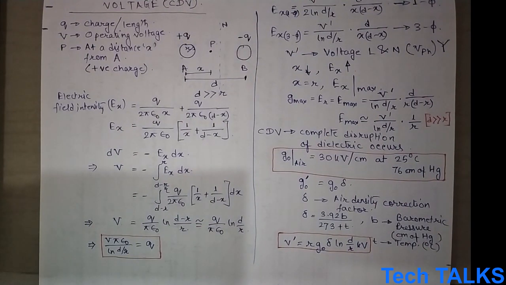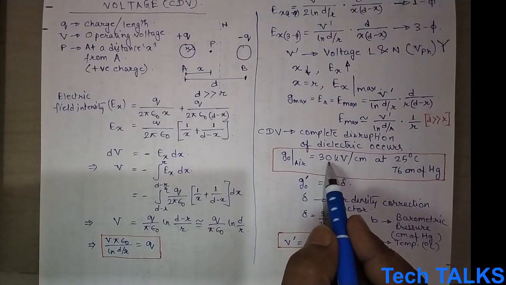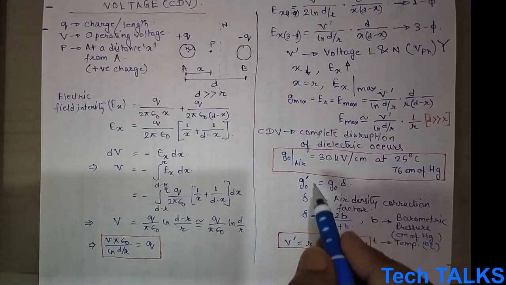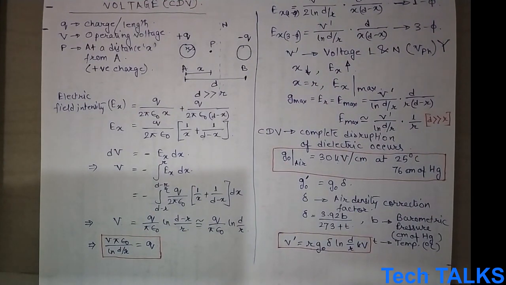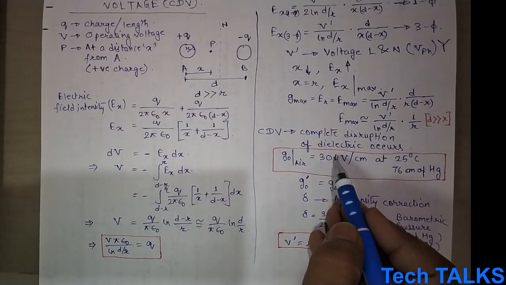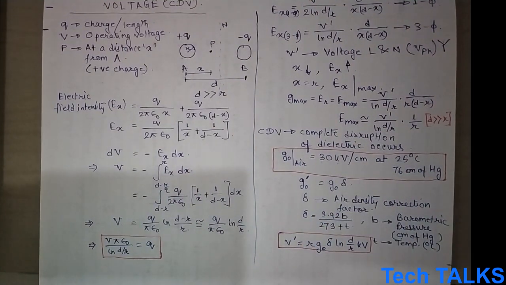Okay, so these irregularities are taken care of by another term, that is M naught. For polished wire this M naught is 1.